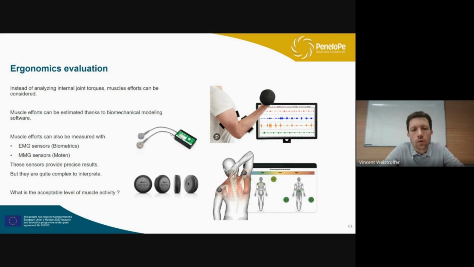Another main topic of research is how to define the acceptable level of muscle activity. Like the joint torques maximum effort, defining the acceptable level of muscle activity is not easy either. And I will not go into more details on this topic right now.